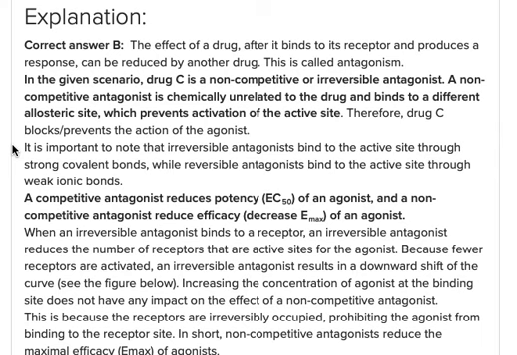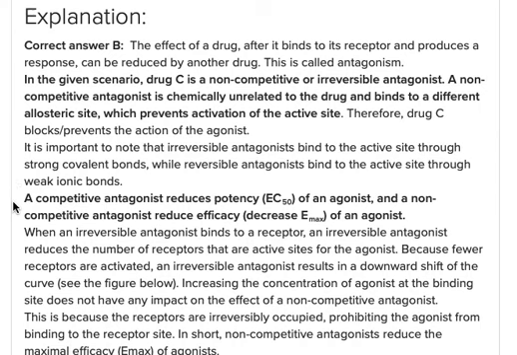It is important to note that irreversible antagonists bind to the active site through strong covalent bonds, whereas reversible antagonists bind to the active site through weak ionic bonds.